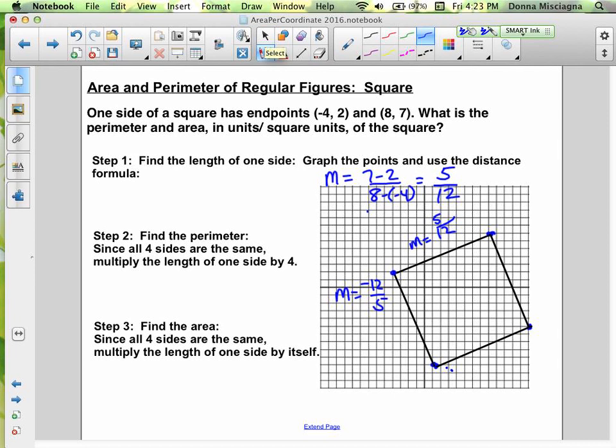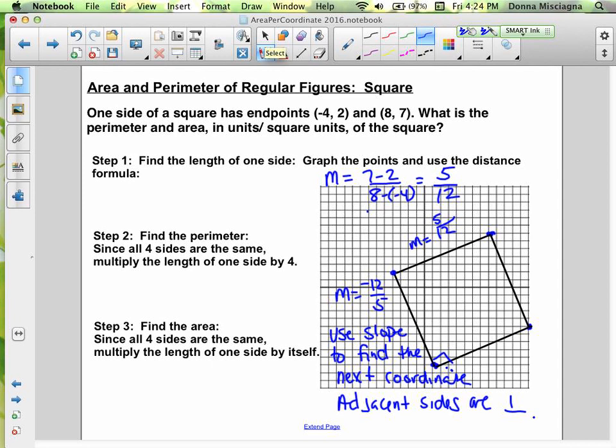So if you're looking for missing points on a square and you're given two or three, use slope to find the next coordinate on a square, because this is a right angle here, adjacent sides are perpendicular, right? So we can use slope.